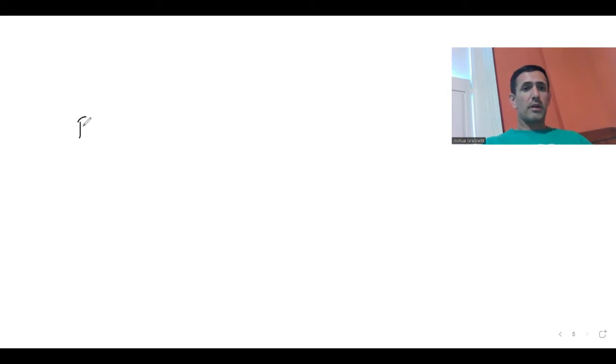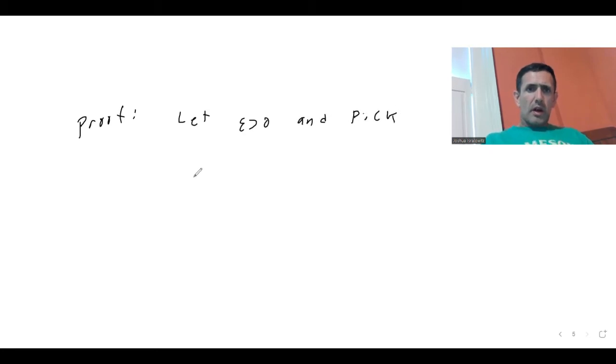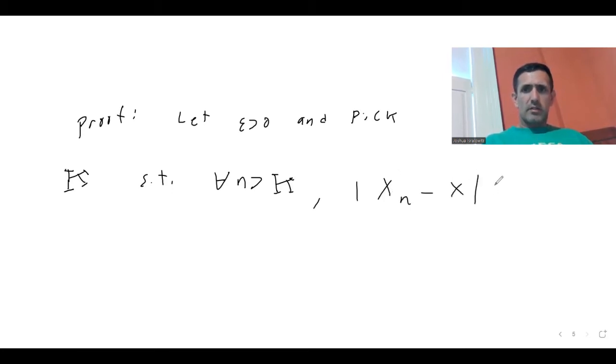So how do we prove this? It's very easy. Pick epsilon bigger than 0. Pick K, a positive integer capital K, such that for any n bigger than K, |x_n minus x| is less than epsilon.